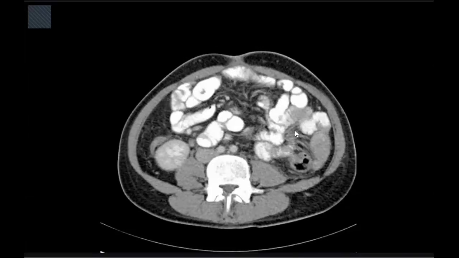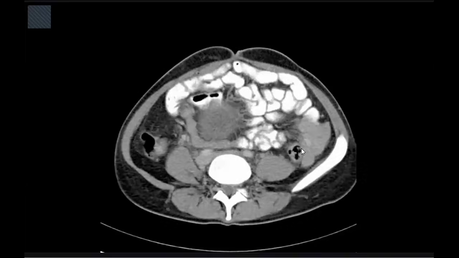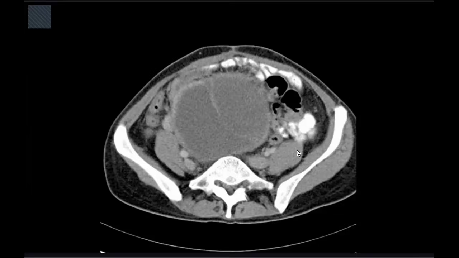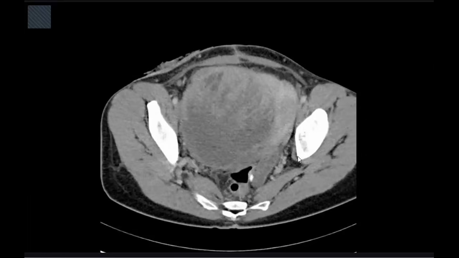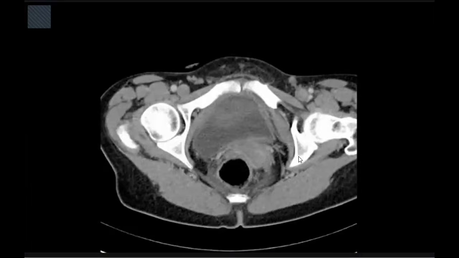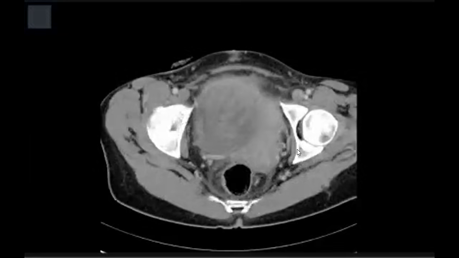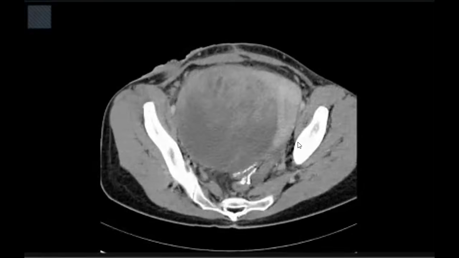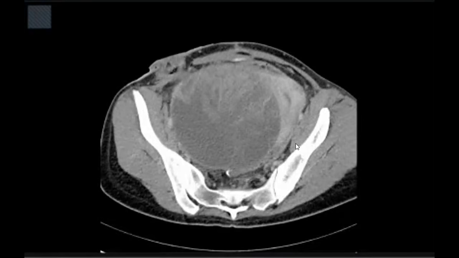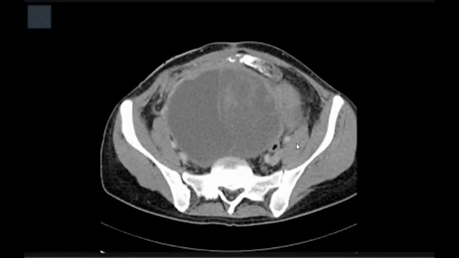No, this is separable from the ovary. Maybe this patient has a previous colonic cancer, and this lesion is a Krukenberg tumor metastasis to the ovary from the previous colonic cancer.